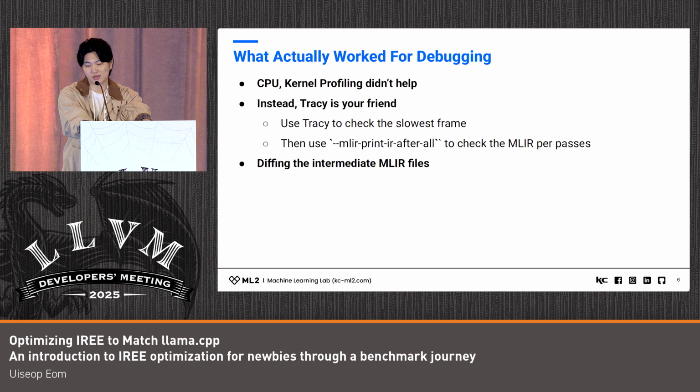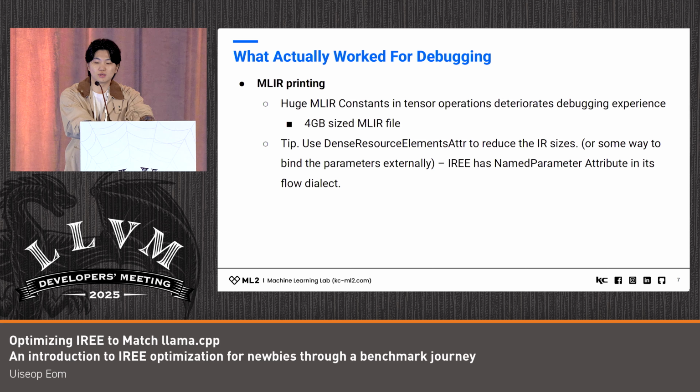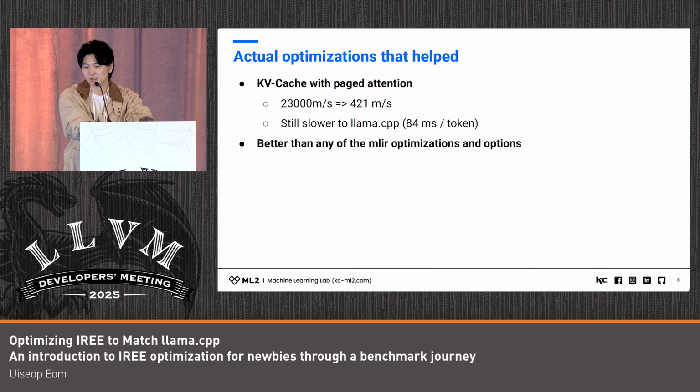The IREE project also has its own attribute inside its flow dialect, called the named parameter attribute. I'm pretty sure that if you're looking into MLIR optimizations, there will be an attribute or function you can use to source out the tensors.